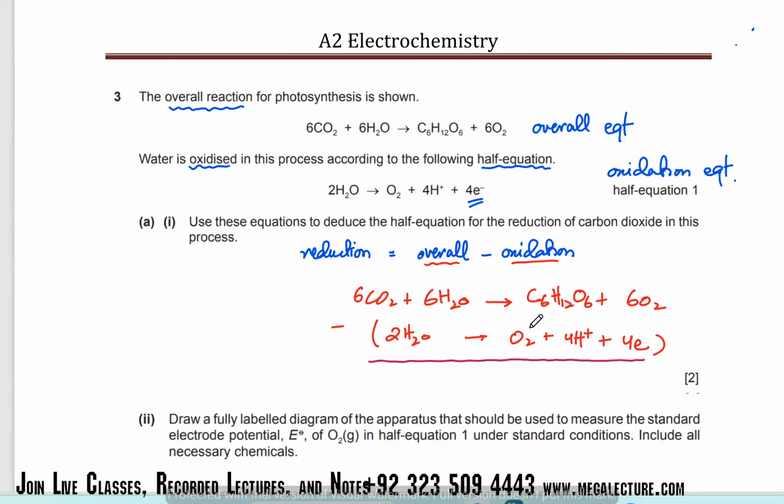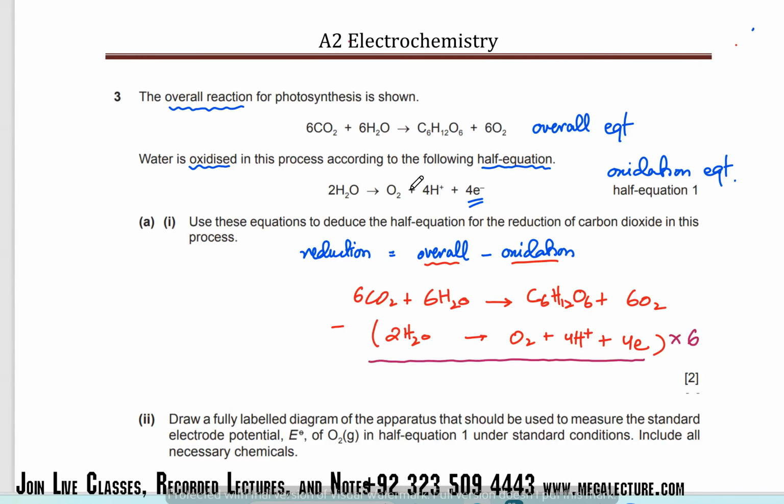That's 1 O2. तो final equation में why are you getting 6 O2? You're getting 6 O2 क्योंकि this equation must have been multiplied by 6. ठीक है? Overall equation में 6 O2s आई तब से when your oxidation equation must have been multiplied by 6.